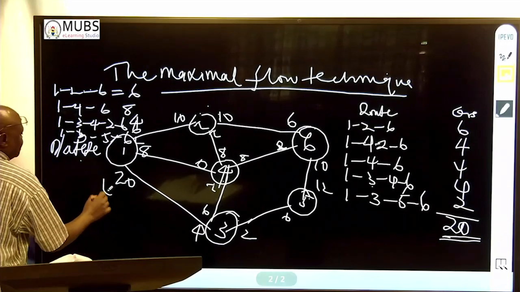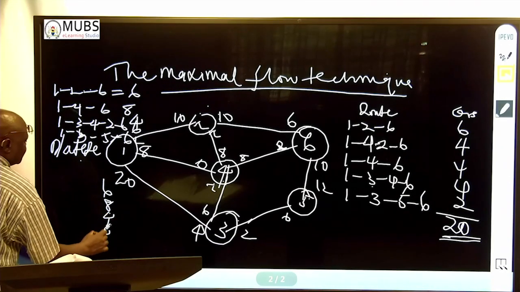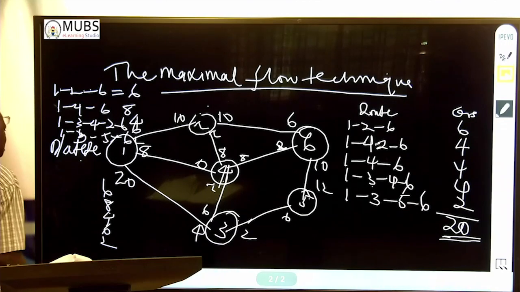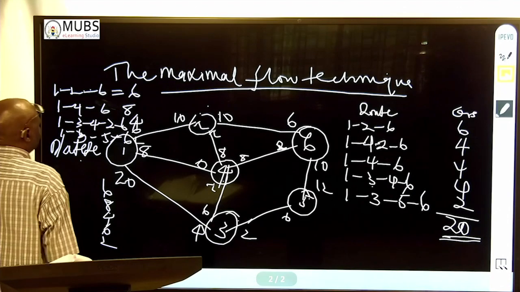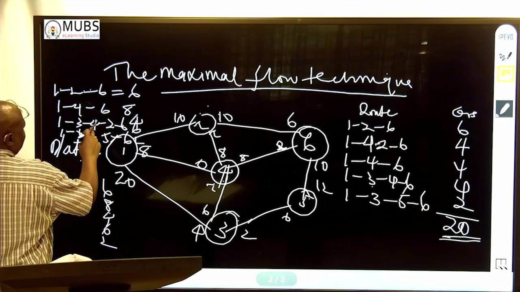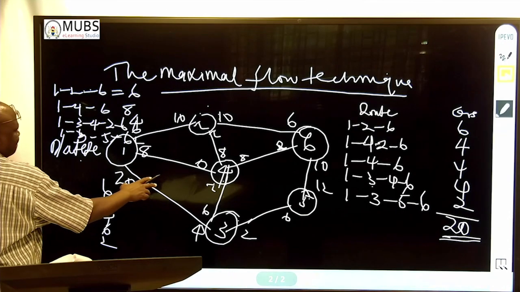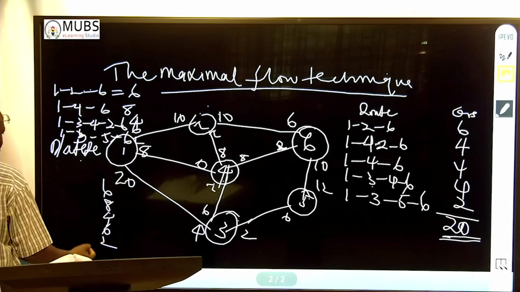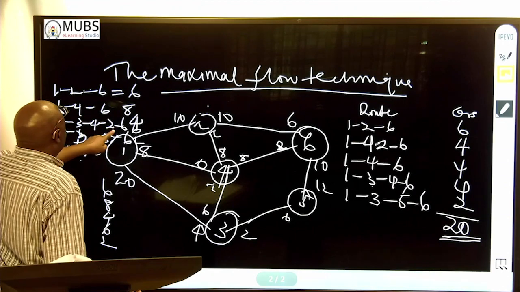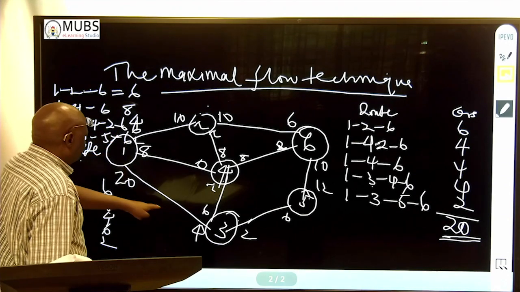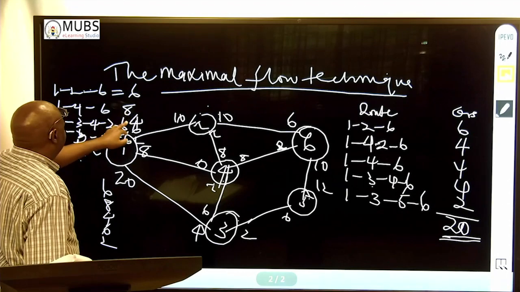So we would have 6, 8, 4, 2. No, not 6. 1, 3, 4, 2, 6 would have allowed 4, making 18.